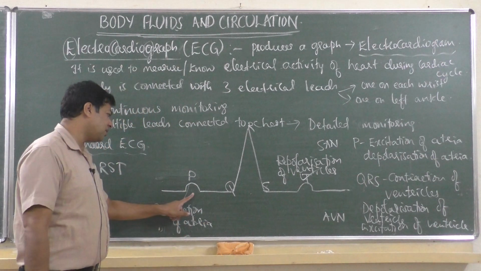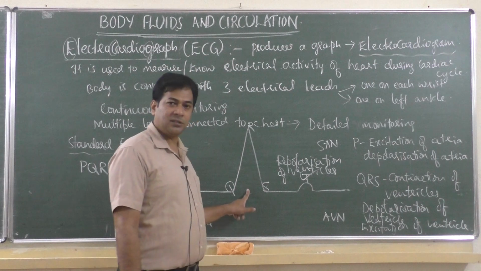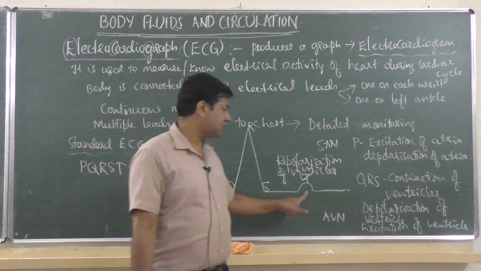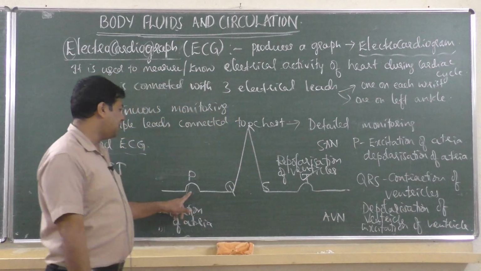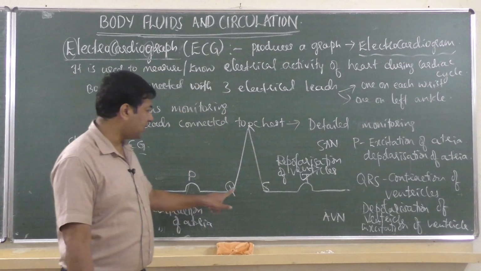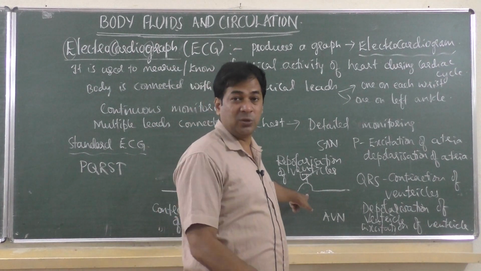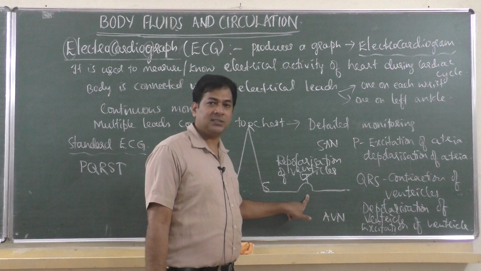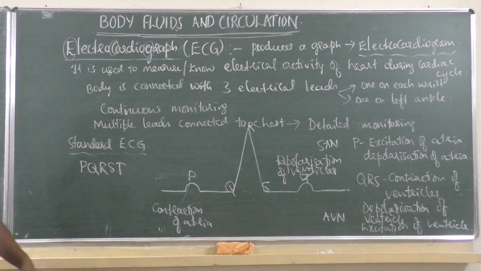So this is auricular systole, this is ventricular systole, this is ventricular diastole. Or else you can say depolarization of auricle, depolarization of ventricle, and this is repolarization, coming back to normal state, that is relaxation. I hope you understood this.